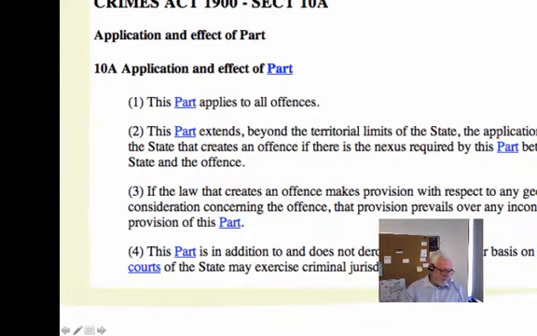And there are some examples given in the text, including the example about the Crimes Act, where the legislation does go beyond the state of New South Wales. This is a New South Wales Act, by the way. It does go beyond the territorial limits of the state if there's some sort of a nexus between what's happening and, say, property in another state.